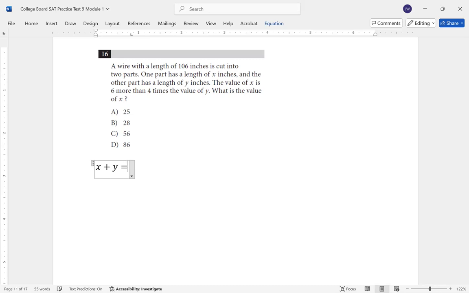First off, since the wire is cut into two parts, the two parts have to add to give you 106. One part has length X inches, the other part has length Y. That tells me X plus Y is 106. The other part is the value of X is 6 more, which means we're going to add 6 to something: 4 times the value of Y.